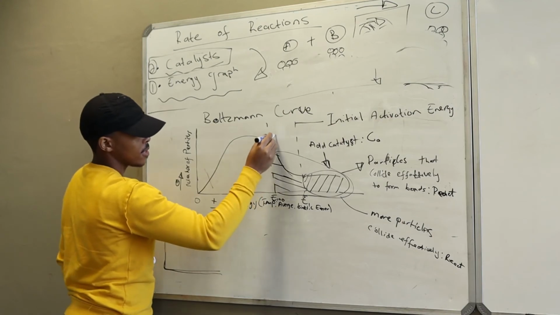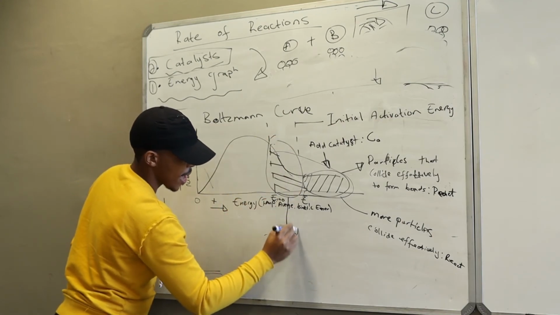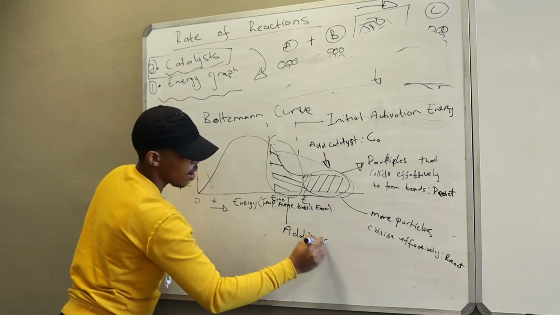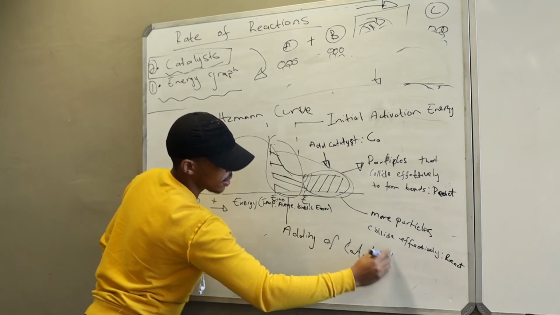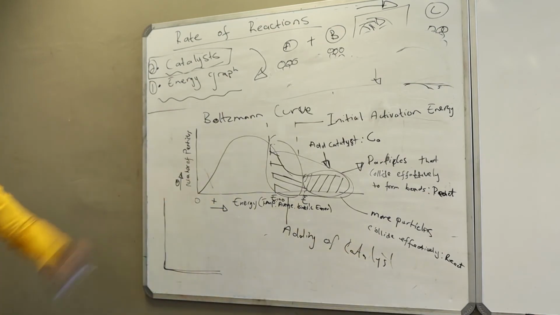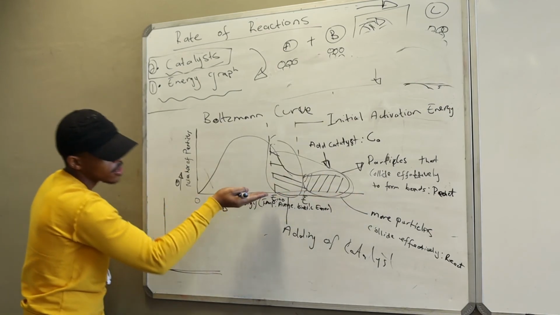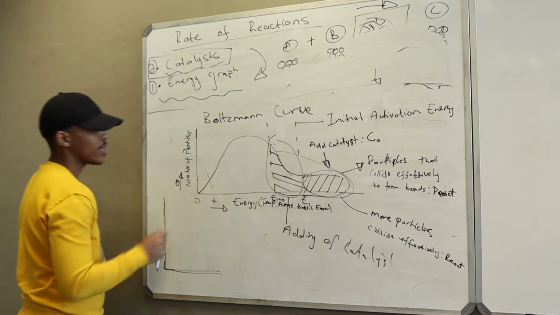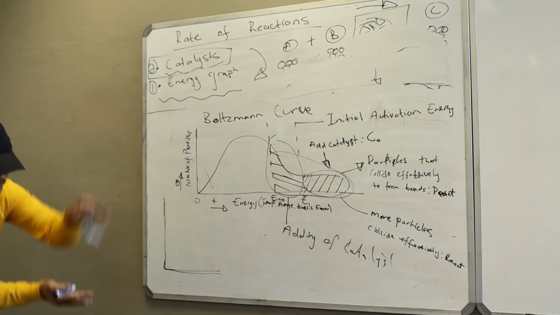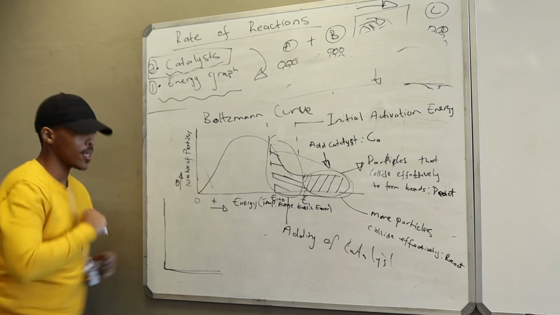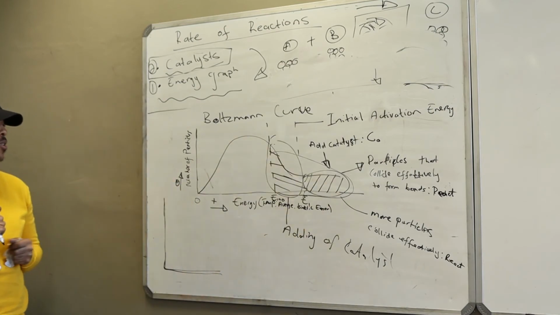So this is, again, adding of catalyst. Okay? Adding of catalysts increases the amount of particles available to collide for effective collisions. So it lowers the activation energy such that more particles can collide to form chemical reactions.